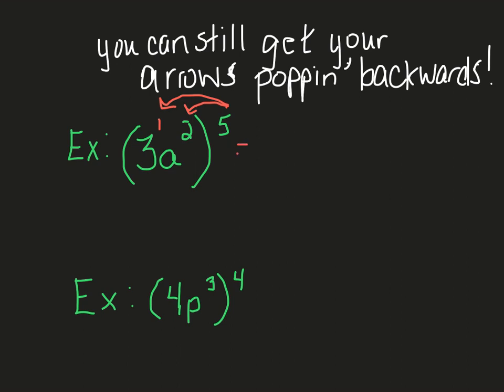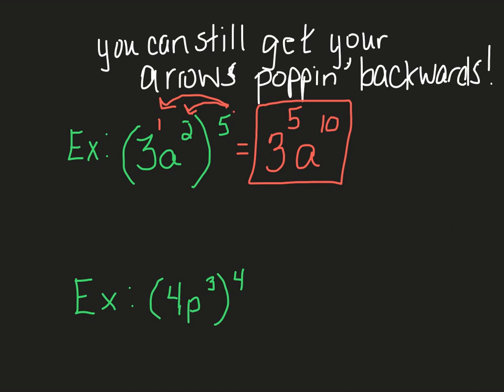So it's going to be 3 to the 5 times 1 power, which is 5. And it's going to be a to the 5 times 2, which is 10, 10th power. That's it. We're not going to worry about 3 to the 5th power and working that out. We're just going to right now make sure we get these powers right, okay?